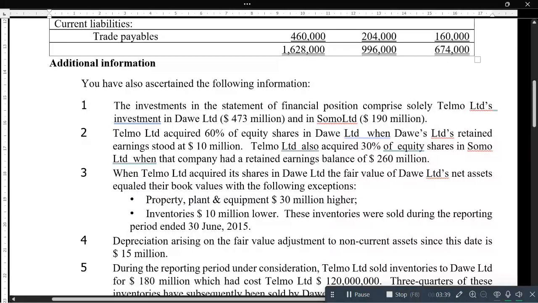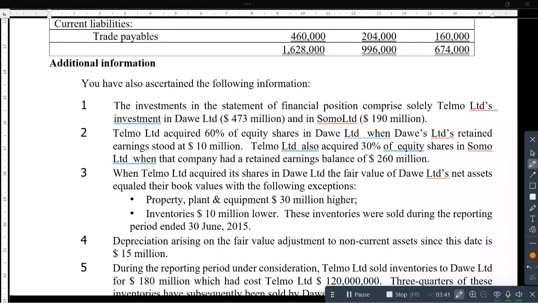Teremo Limited acquired 60%. If they are saying Teremo acquired 60% of equity shares in Dawe, meaning Teremo becomes our parent, and Dawe is now our subsidiary.